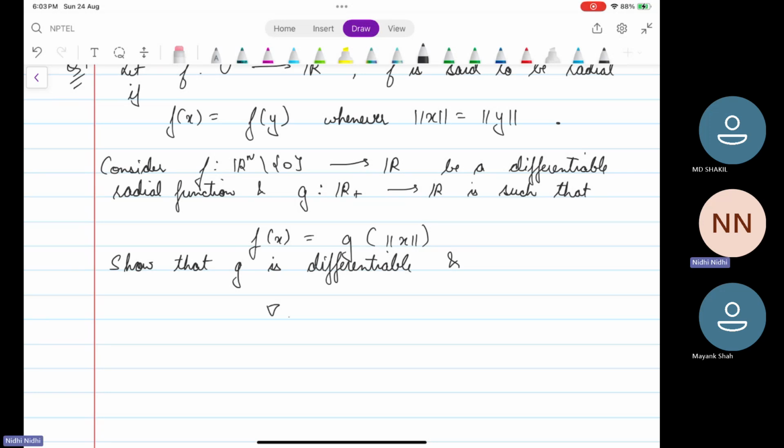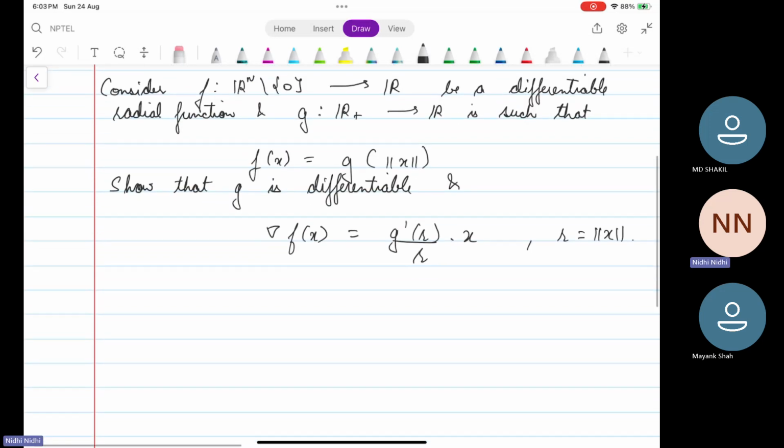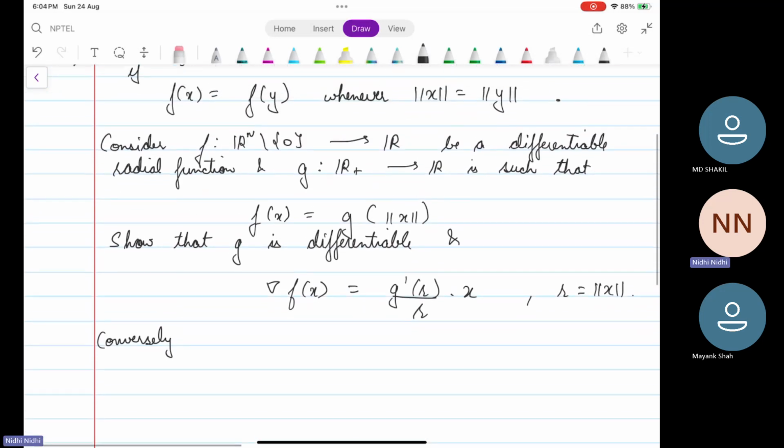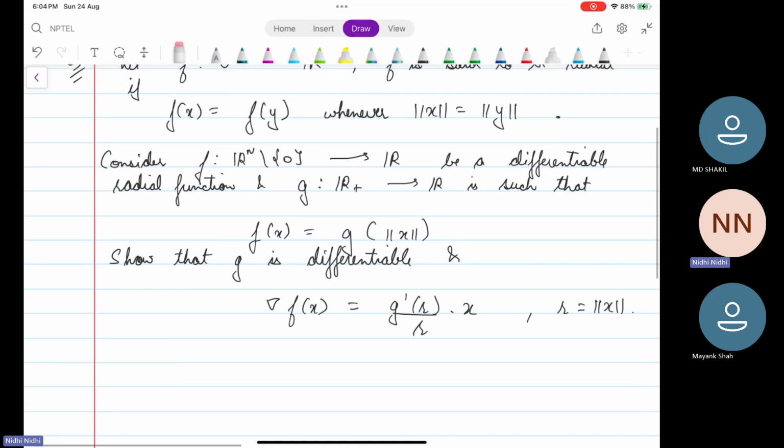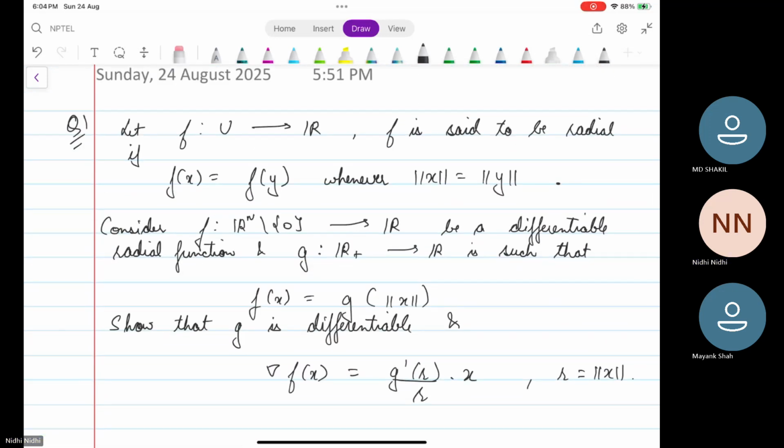The gradient of f at any point x is given by g dash r by r times x, where this r is nothing but norm x. Conversely, we'll write that converse part as the second part of the problem.